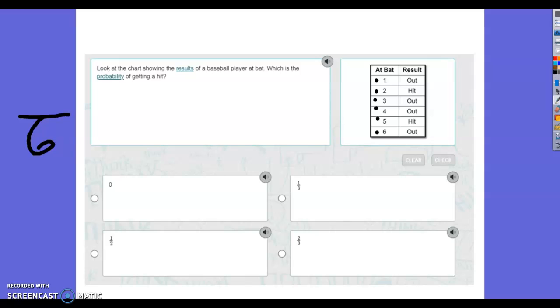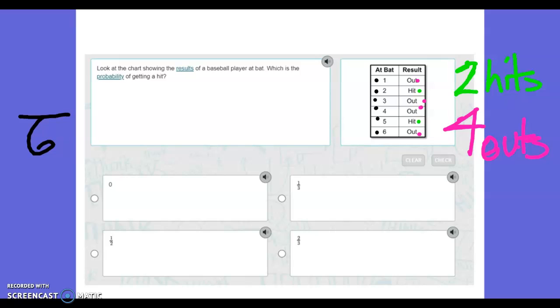I'm going to change this to green. So we got 1, 2 hits. I'll change it to pink. So 1, 2, 3, 4 outs.